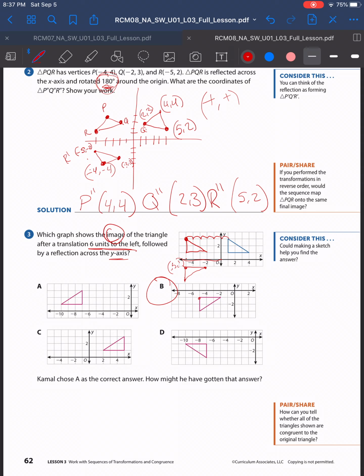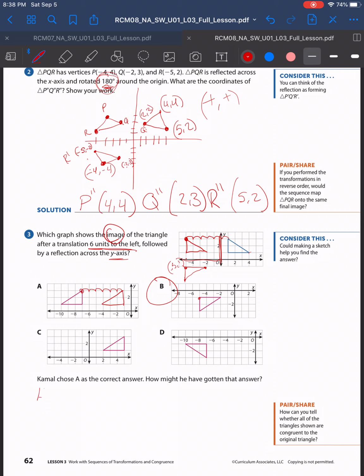Kamal chose A. How do you think he got A? Holy smokes, he's way over. He didn't just move over 6 units, he went over a ton. Oh, you know what it looks like to me? It looks like he reflected it across the x-axis first. If he did that, it would look like this. And then do you think he moved it over 6 units? 1, 2, 3, 4, 5, 6. Yep, that's what he did.